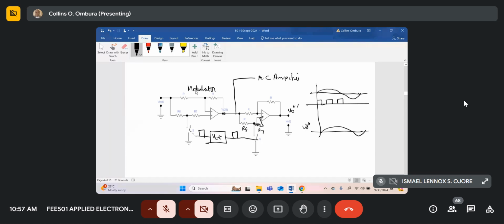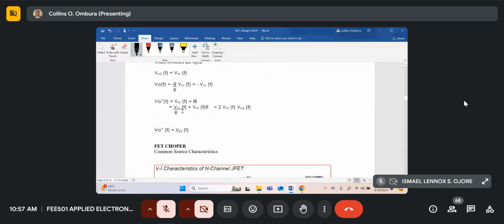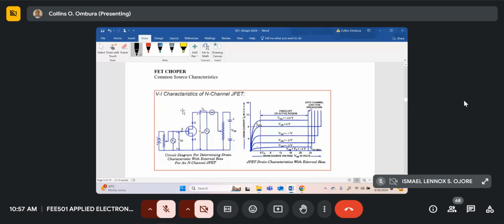So with that, we come to the end of this section and start the study of FET switches, chopper.